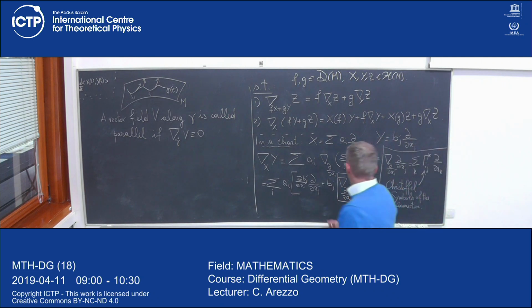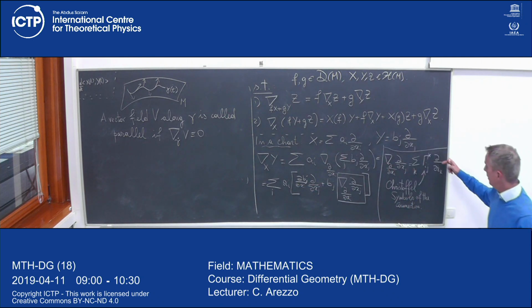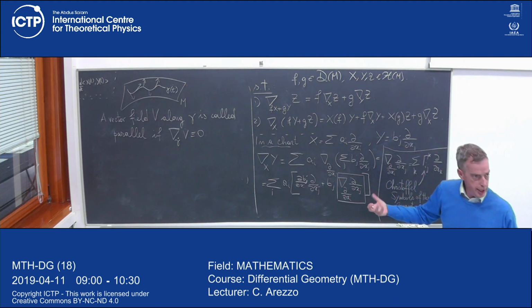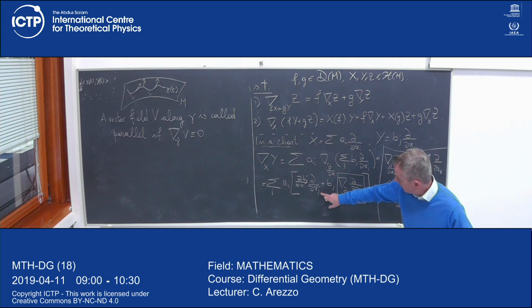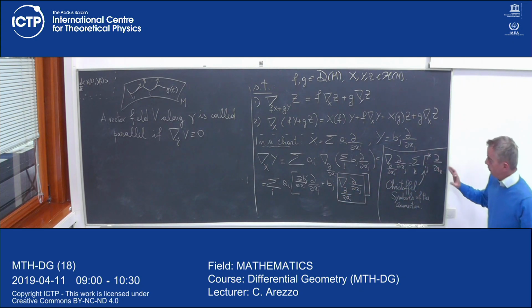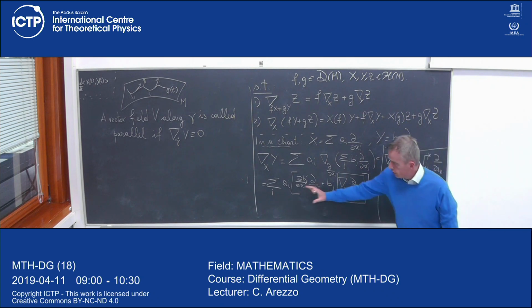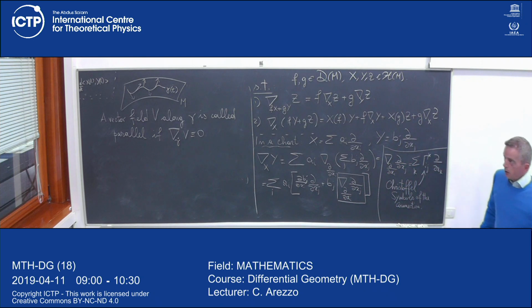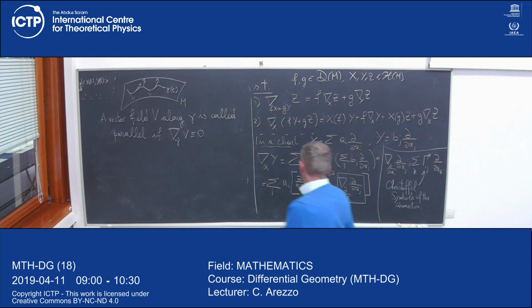So here, of course, I would have written d/dx^k, and here there was d/dx^j. You have to change names. You call this index k, and then you take the k coefficient and say the k coefficient is equal to 0. What is it saying? It's quite a complicated equation. If you want, we can write it down.